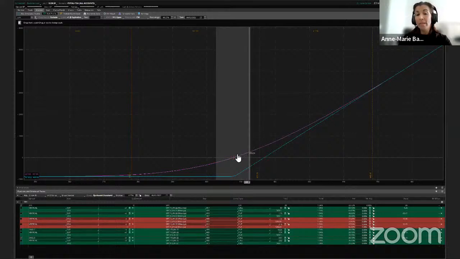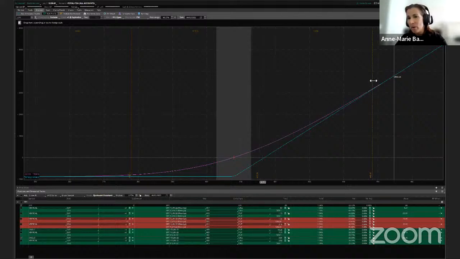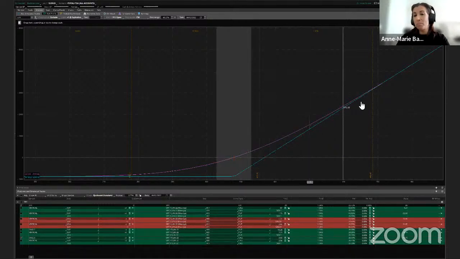And see, if you bought it here and price began to move up, you're going to make money before expiration. See this line right here? This is time. This is the timeline about expiration. That's when these two converge, when the estimated price and the actual price at expiration become the same.